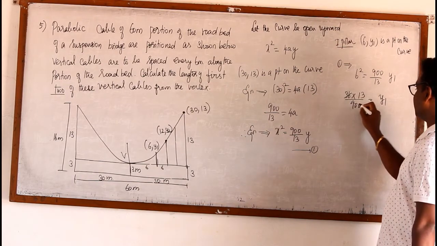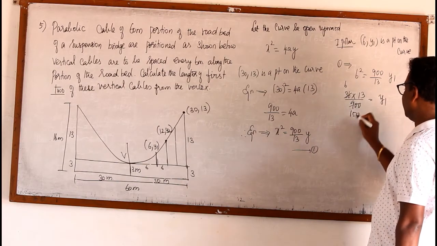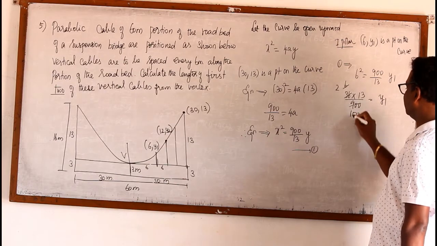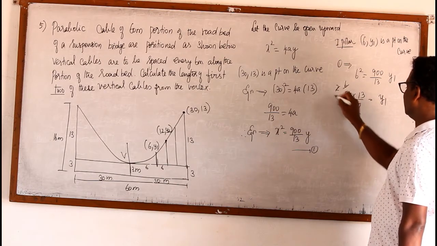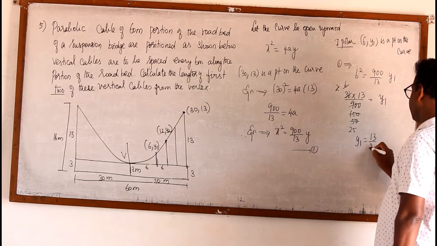Therefore, I can cancel by 6, then again by 3, 2 times, and so y1 equals 13 by 25.